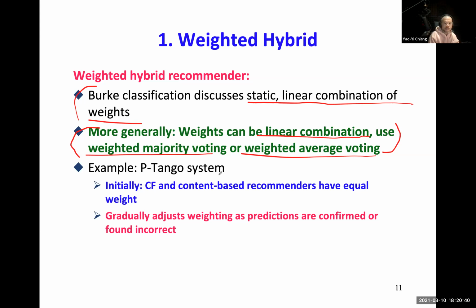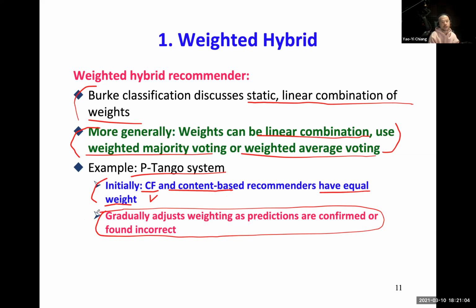So in some systems, initially they have a content-based system and a CF-based system with equal weight. That means they trust both systems with the same amount of confidence. Then you can gradually adjust the weighting as you start to have more predictions and when the users start to give you feedback on your predictions.